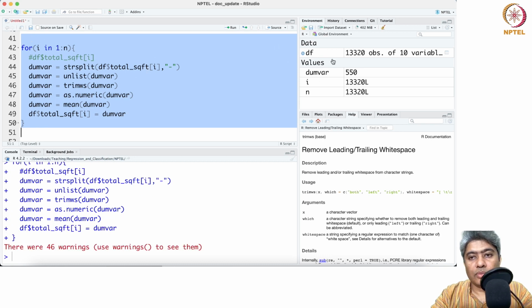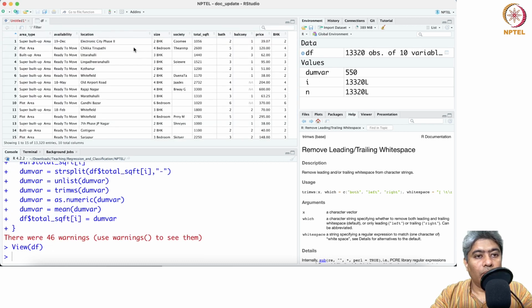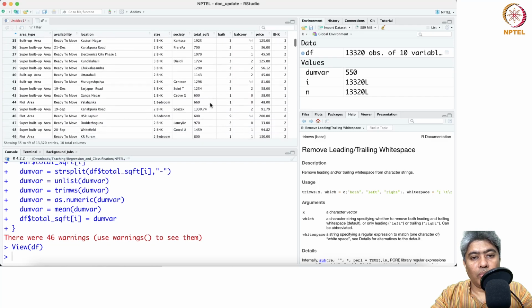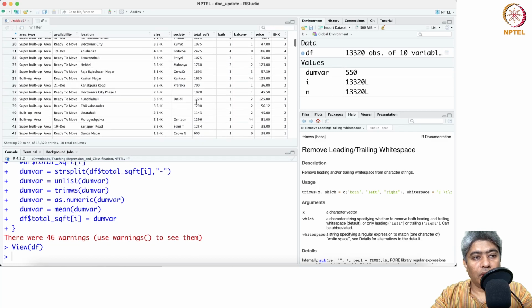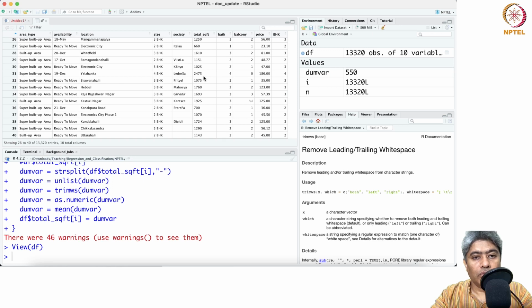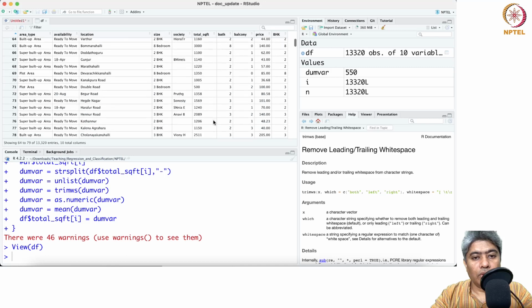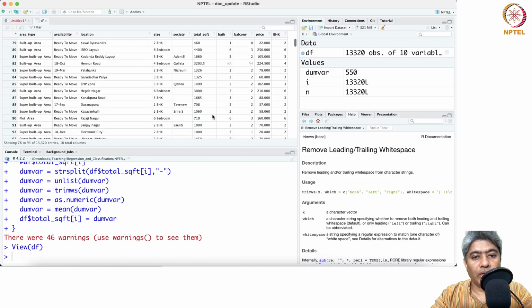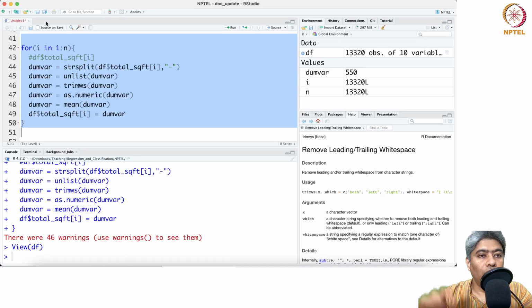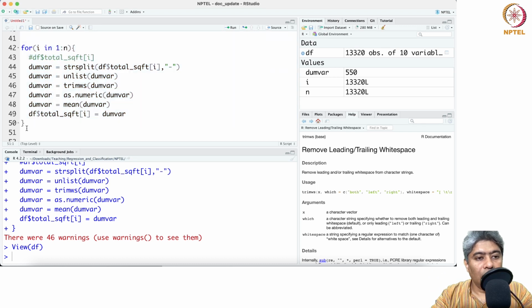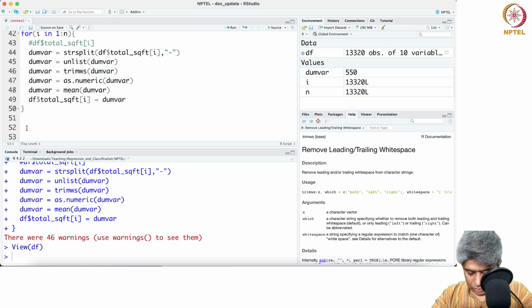There are 46 warnings, but you can see that row 31 is now 2475.75. Most of the cases are being taken care of. No dash business is there, so that's a big problem solved.